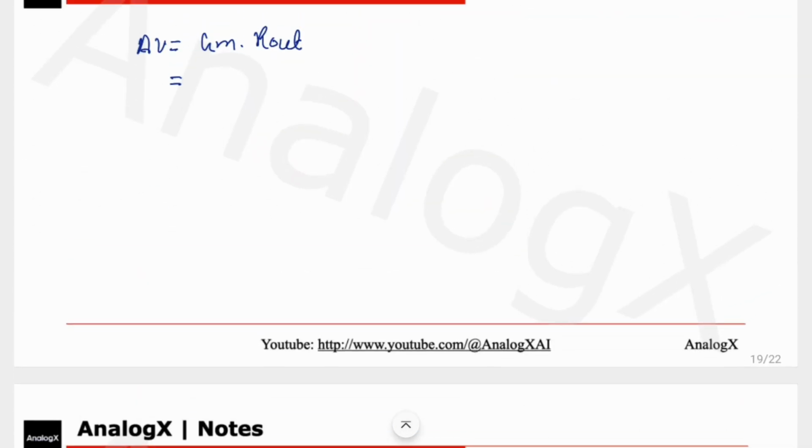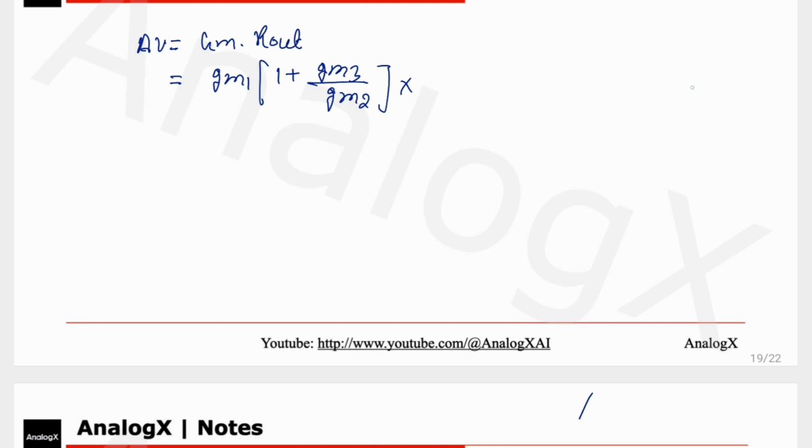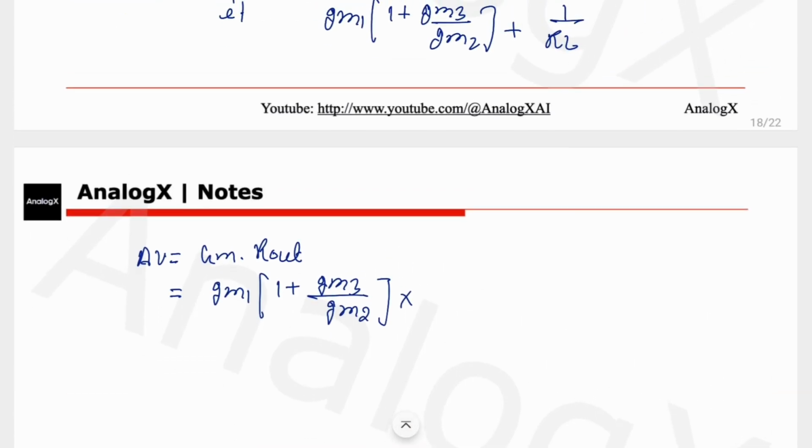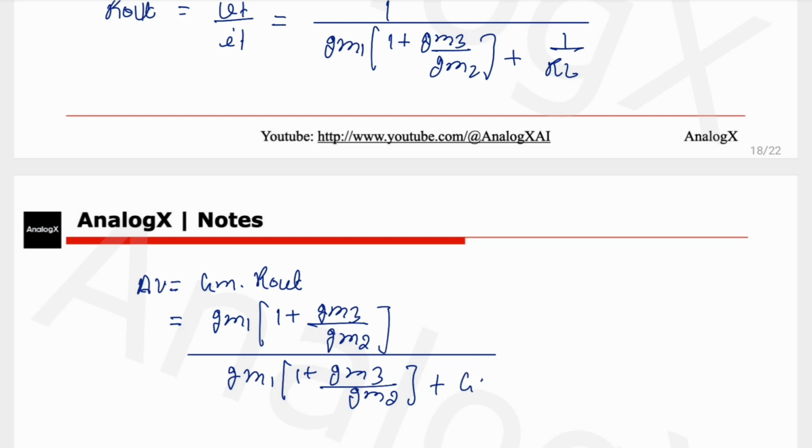And Rout is this one. So Rout will be gm1 times 1 plus gm3 by gm2, plus this one is GL. Okay, so that is our gain of this circuit.